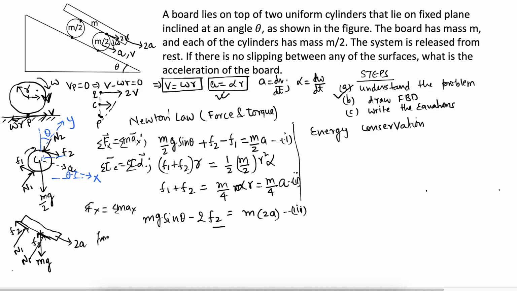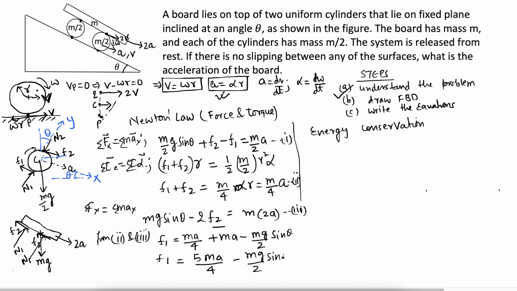So from equations 2 and 3, we get f1 equal to ma by 4 plus ma minus mg by 2 sine theta, hence f1 is 5 ma by 4 minus mg by 2 sine theta. Let's say this is the fourth equation.